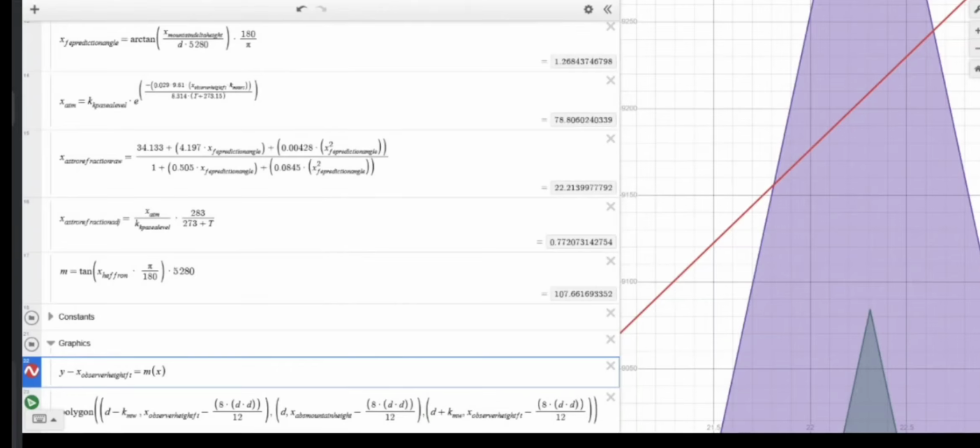Actually, bro, I just checked it. The point that this line clips this mountain at is 9156 feet. I just converted that to meters, and I got 2,791 meters. The official altitude is 2,870.